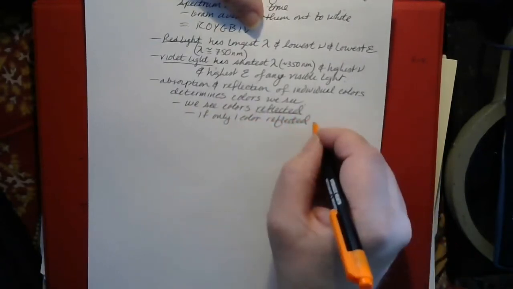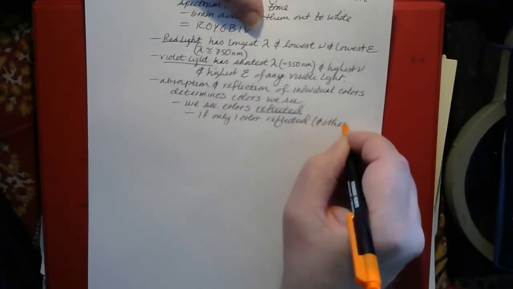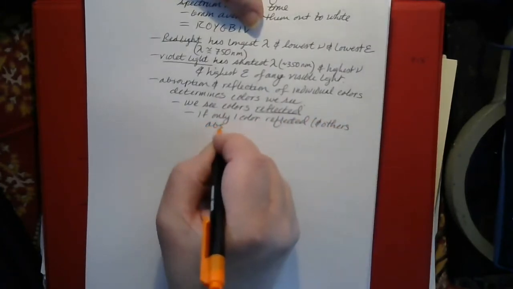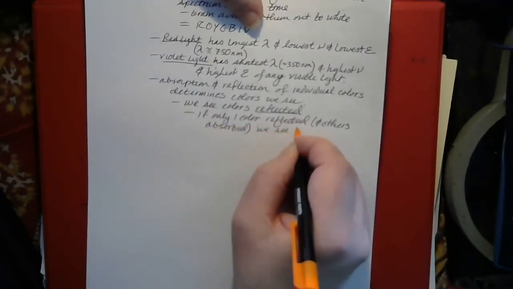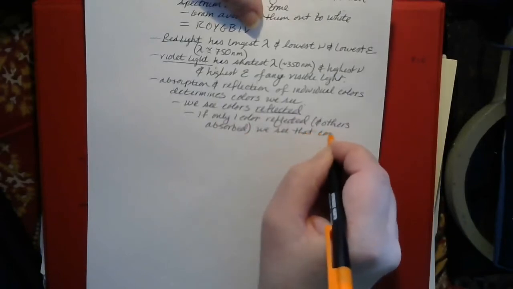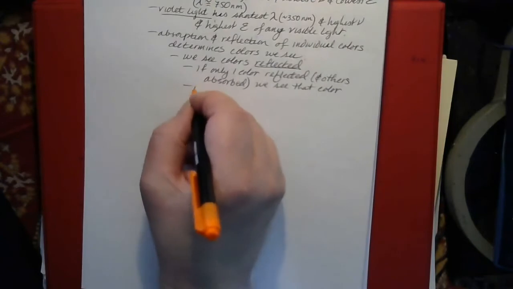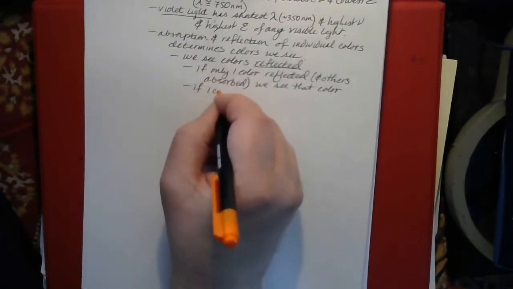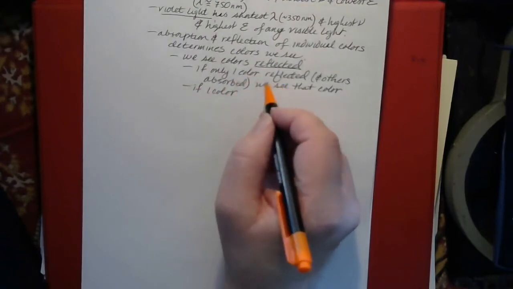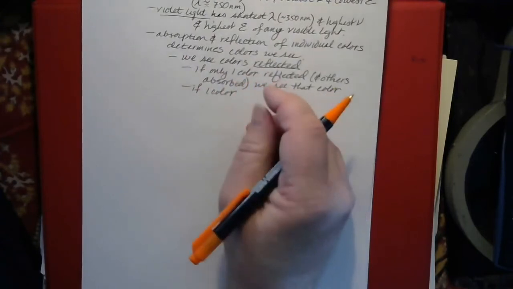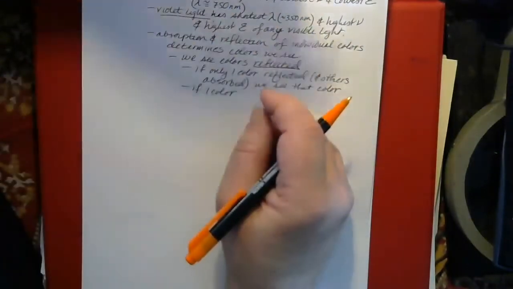If it turns out that there's only one color reflected and the others are absorbed, then we see that color. That happens sometimes, that something looks like a certain color because it's absorbing all of the colors in the spectrum except that one color.